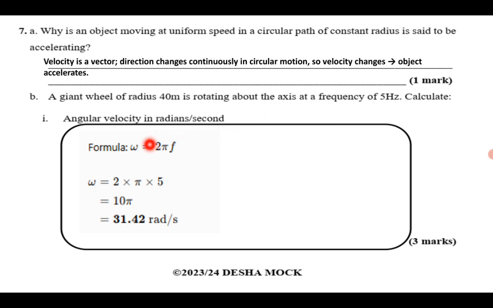Okay, so just take 2 pi multiplied by 5, which gives us 31.42. Please discover the equation for linear velocity. It's just 2 pi RF. What is missing here is the radius. If there is a radius there, then this could have been a linear velocity.